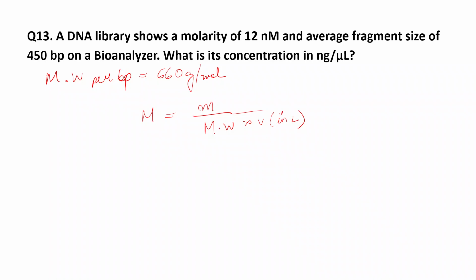So we can write 12 into 10 to the power minus 9, because it is 12 nanomolar, is equal to mass divided by volume, this will be in gram, divided by 450 into 660.